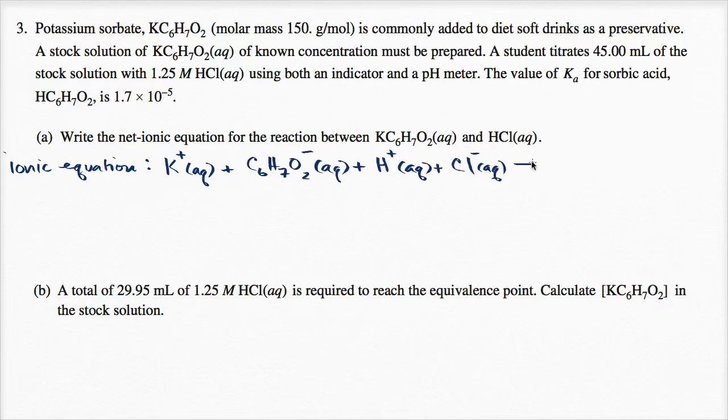And then they react. What happens? Well, you're going to have the C6H7O2 react with the hydrogen proton to get to sorbic acid. So you're going to have sorbic acid, HC6H7O2. That's the sorbic acid. It's going to be in an aqueous solution.